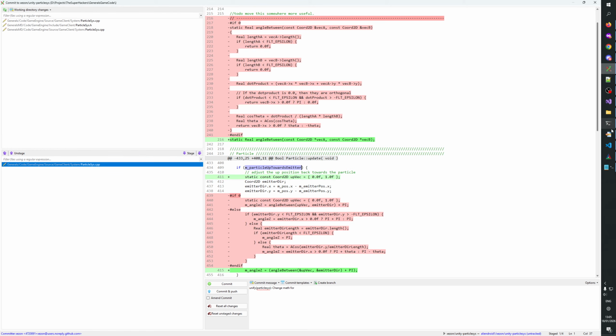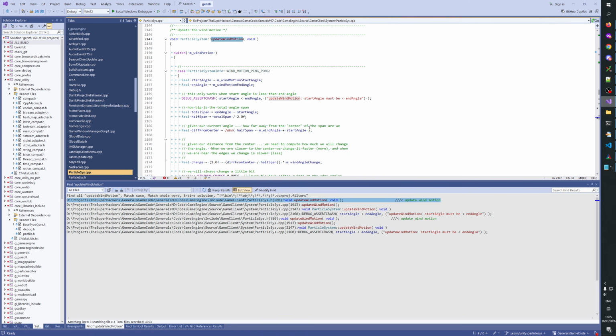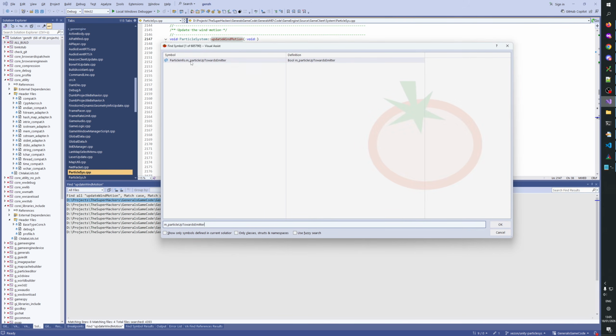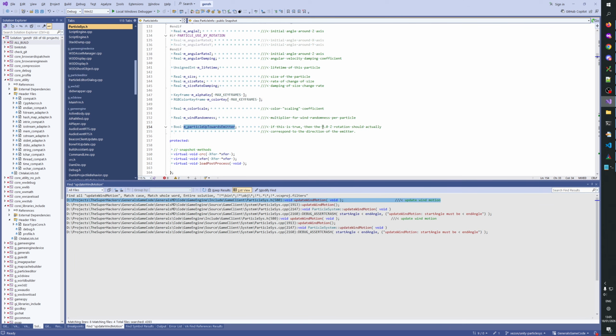How do we describe this? Then the 0, 0 Z rotation should actually correspond to the direction of the emitter.